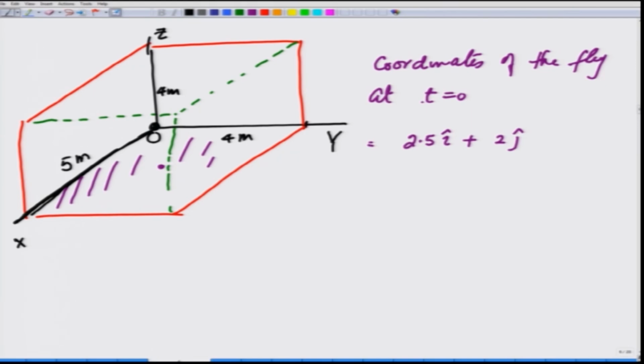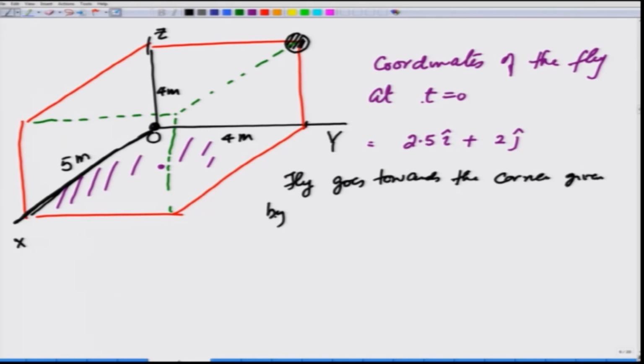Let us take one of the corners. All right. Let us take this corner out here. Let us say this fly is flying to this corner. So, fly goes towards the corner given by, what will be the coordinate? This corner lies in the yz plane.